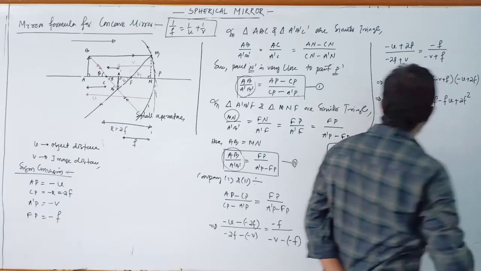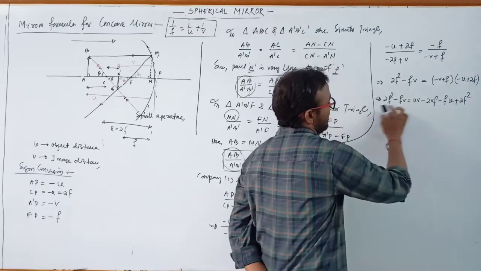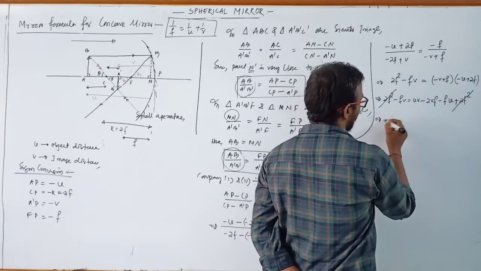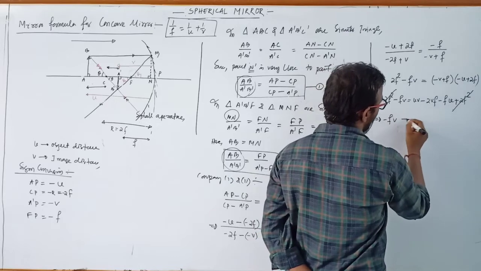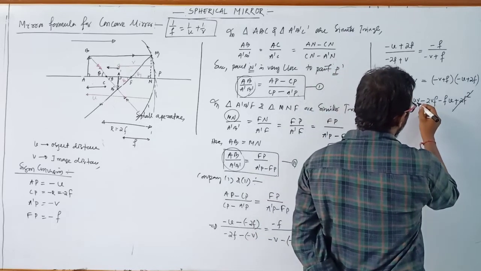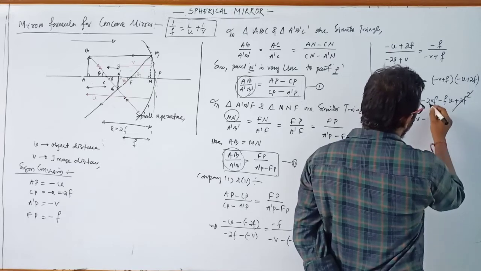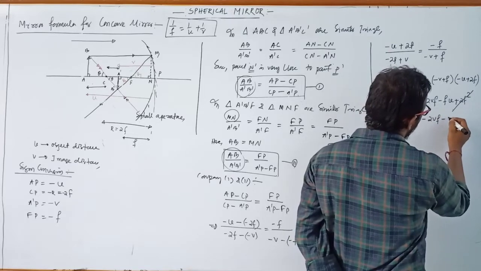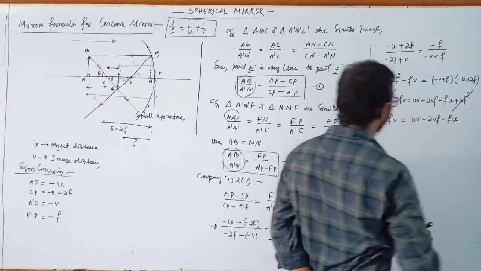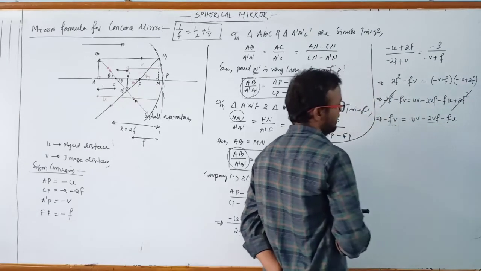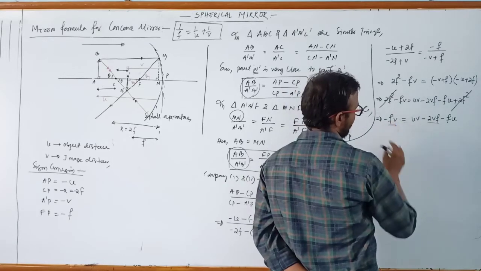Look at this relation: 2F square and 2F square cancel, then the remaining part is minus FV equal to uV minus 2VF minus FU. So here minus 2VF and here minus VF.